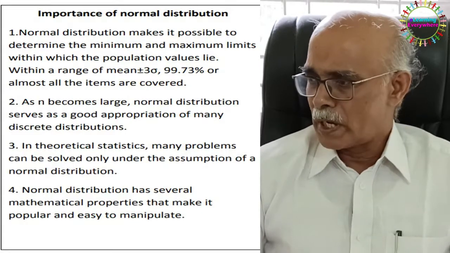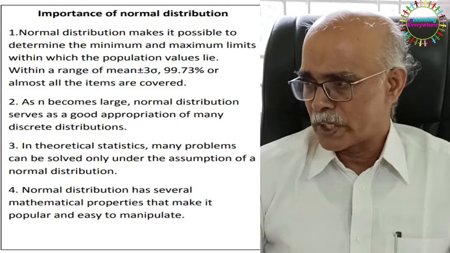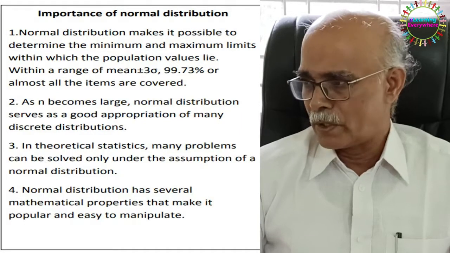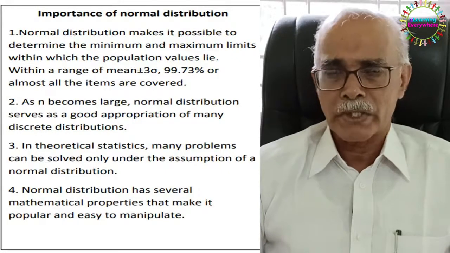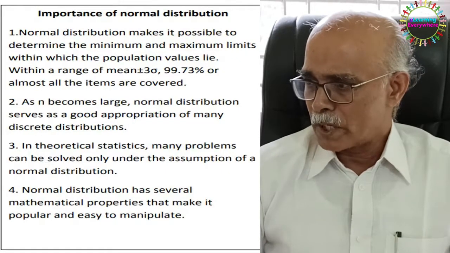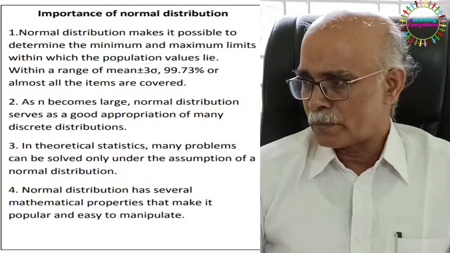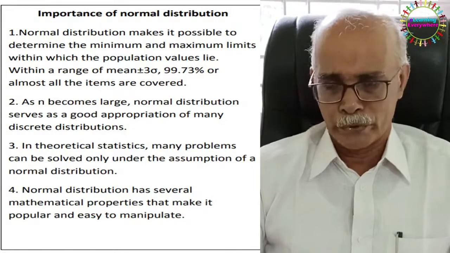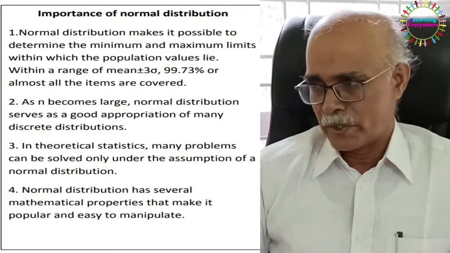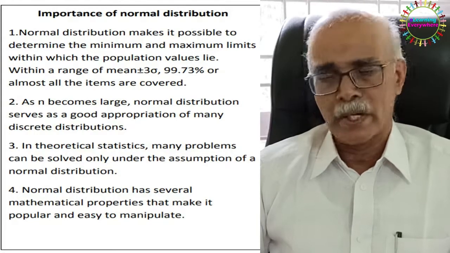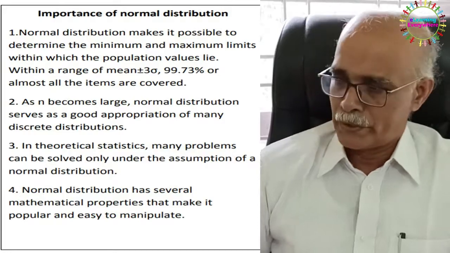As n becomes large, normal distribution serves as a good approximation of many discrete distributions. In theoretical statistics, many problems can be solved only under the assumption of a normal distribution. Normal distribution has several mathematical properties that make it popular and easy to manipulate.